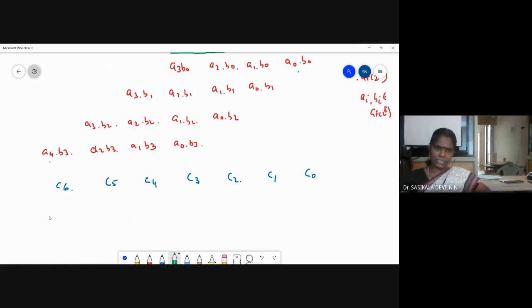What is C0? C0 is nothing but A0 into B0, a GF of 2 power 8 multiplication. And what is C1?